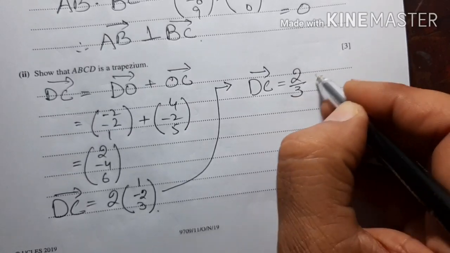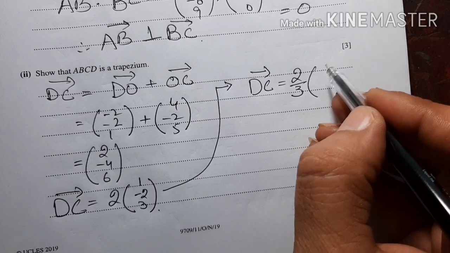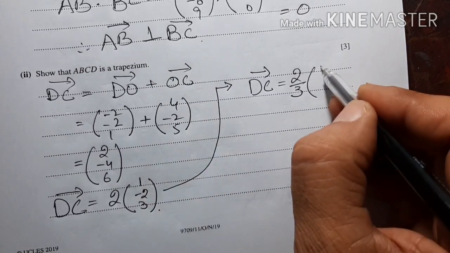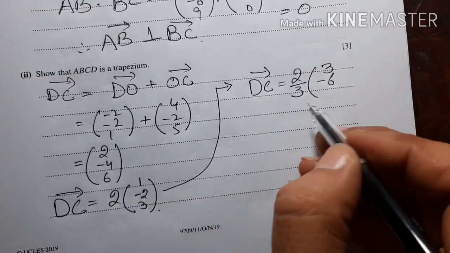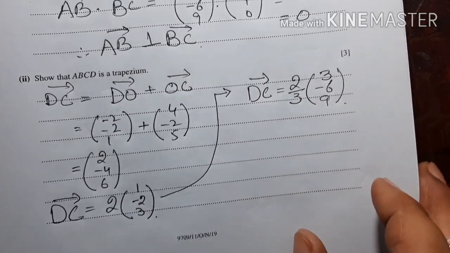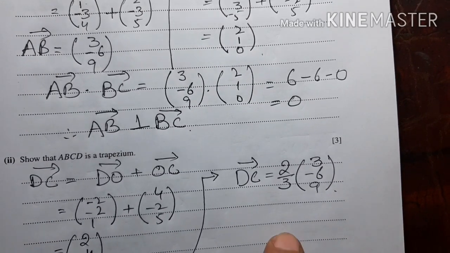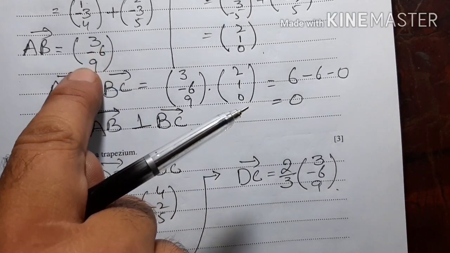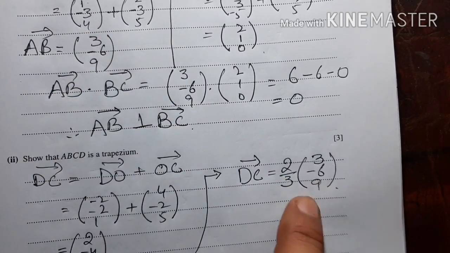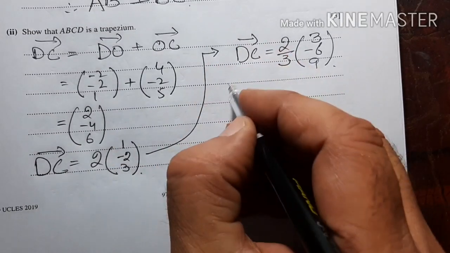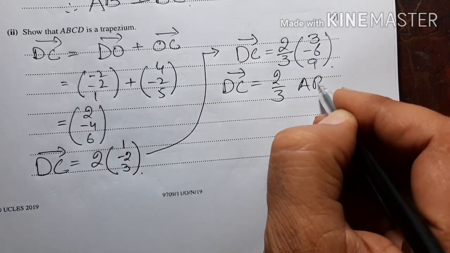Why I am doing this, I'll explain in the next step. So I'll multiply inside with 3. This will become 3 1s are 3, 3 minus 2s are minus 6, and 3 3s are 9. So if you see, this is the value of AB. So I can write it as AB here. So DC is equal to 2 by 3 AB.